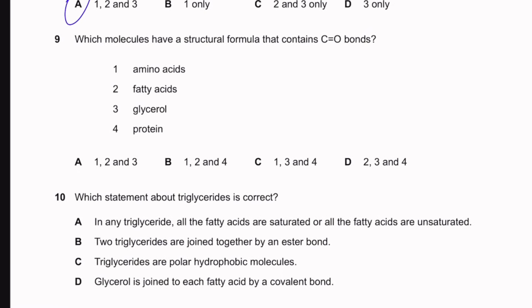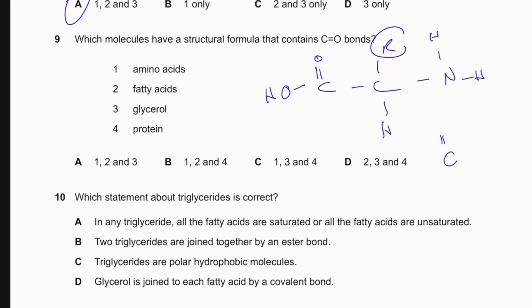Okay, which molecules have a structural formula that contains C=O bonds? Let's see, amino acids, sure they do. How do amino acids look, guys? Okay, an amino acid has an alpha carbon. We have nitrogen and then 2 hydrogens, and then here we have an R group, right? And then here we have a carboxyl group, with a double-bonded O, and obviously OH. Okay, so that's an amino acid. What do fatty acids look like? Well, fatty acids have a C=O, OH and then a fatty acid chain, right?